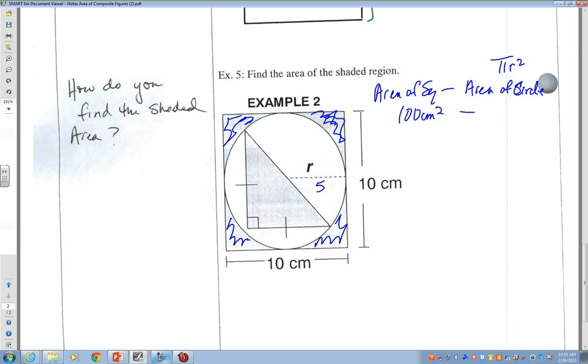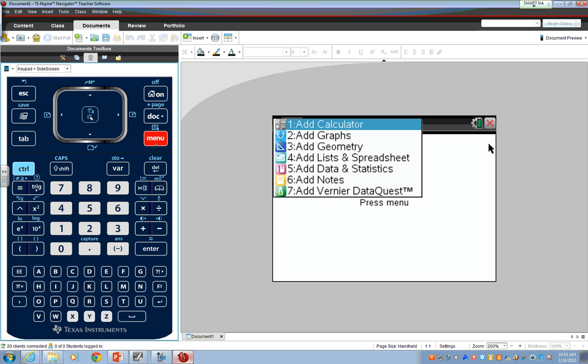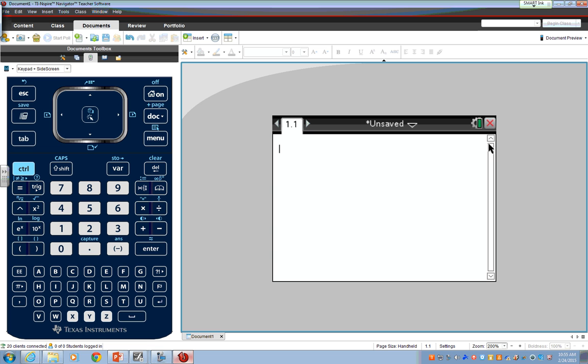All right, so if I want the exact answer, I leave it in terms of pi. Because on your calculator, this is talking about approximation too. On the calculator, if you come down to your keys at the bottom, where is it at? Oh yeah, there it is. Okay, let me get up my menu. So pi is over here in your keys, to type in.